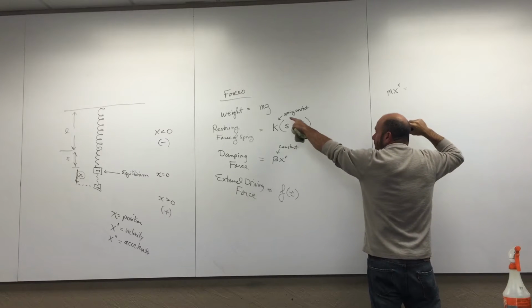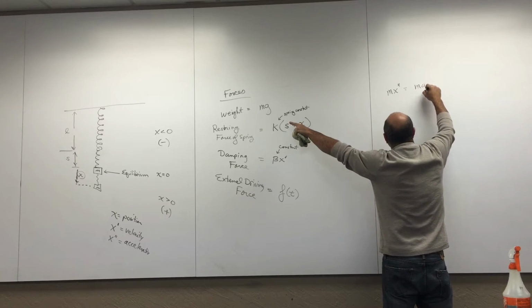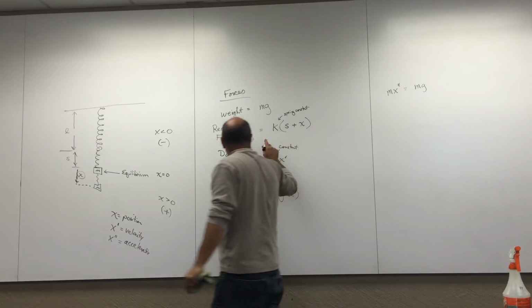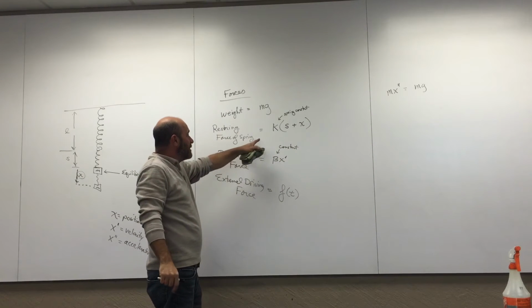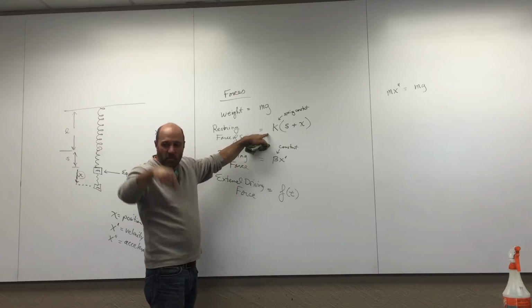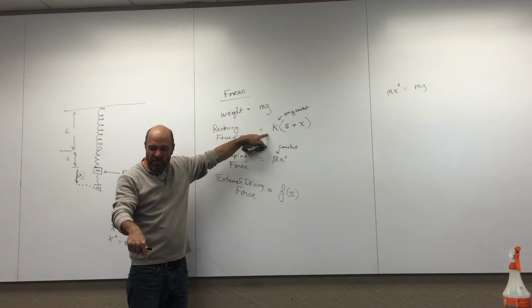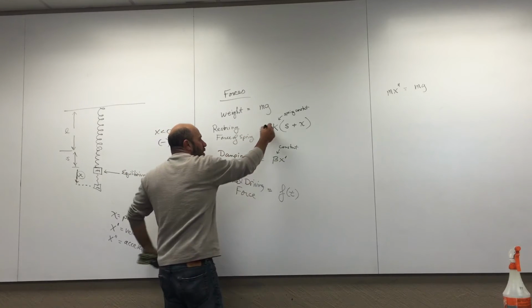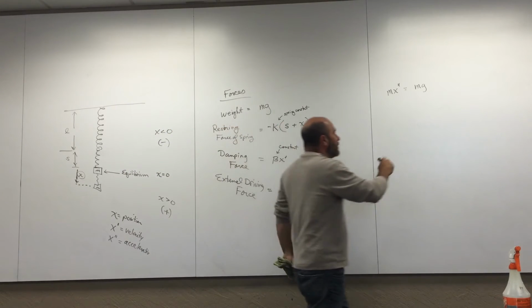Now wait a minute, hold on a second. The mg is good. Hey, I might have screwed up here. I think this one's negative, because the weight is down. I guess the restoring force of the spring is sort of back up. I'll put a negative there, but I'll also put a negative here.